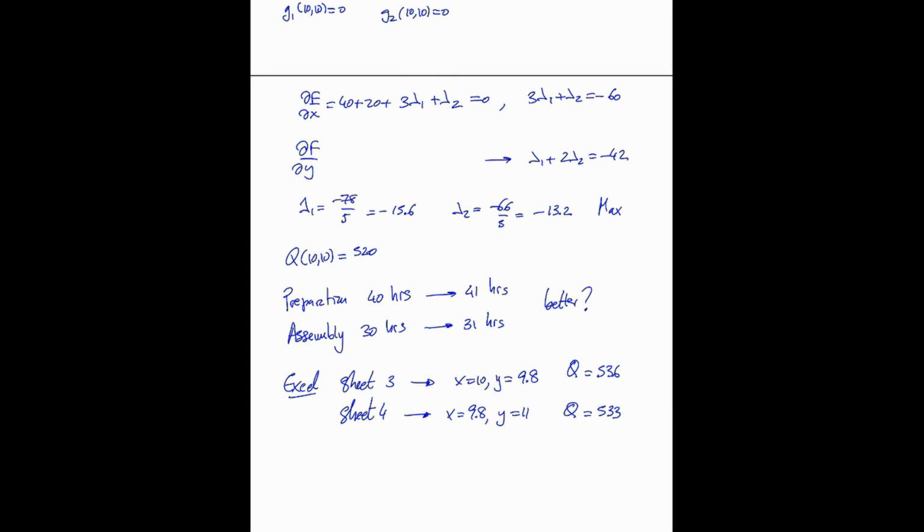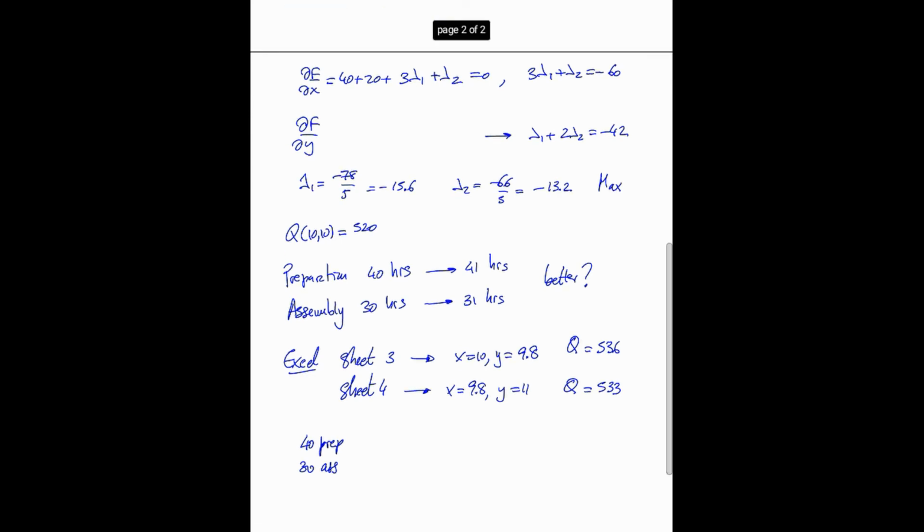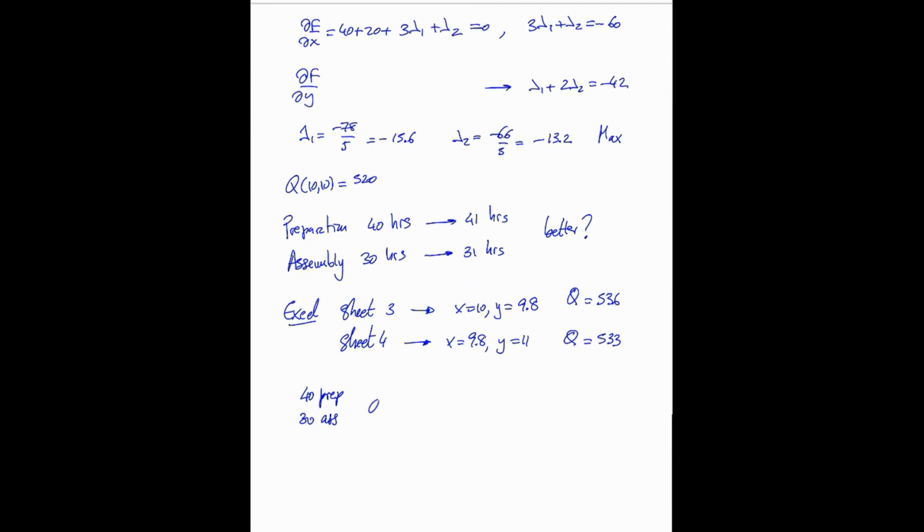So from 40 hours of preparation and 30 hours of assembly, we get a solution of q equal to 520. Now if we put 41 hours of preparation and 30 hours of assembly, q is equal to 536. While with 40 hours of preparation and 31 hours of assembly, q is equal to 533.